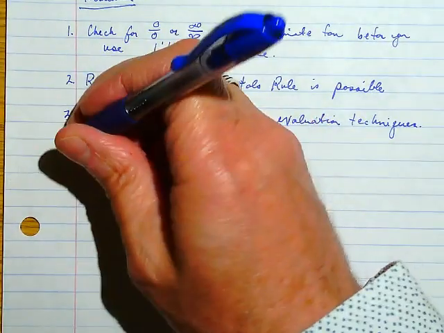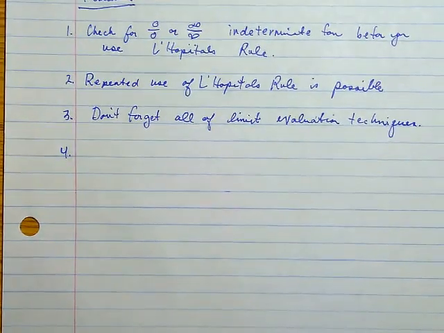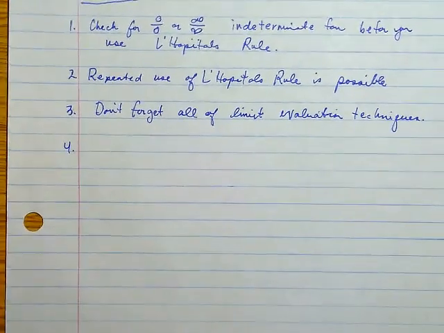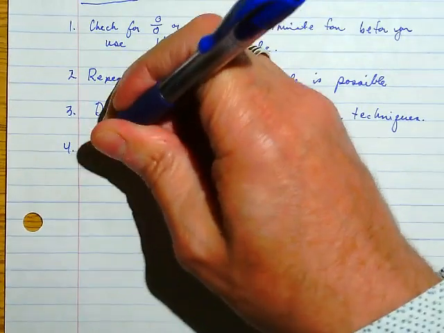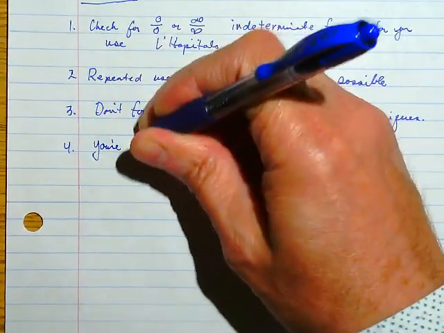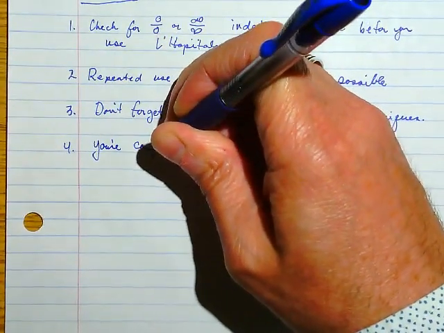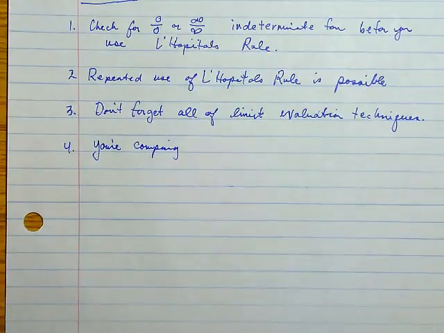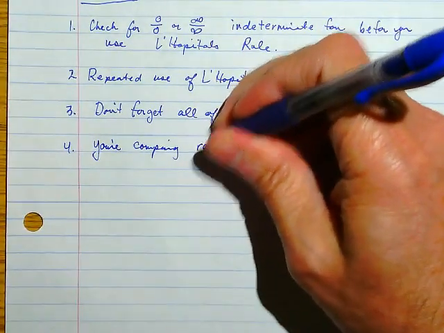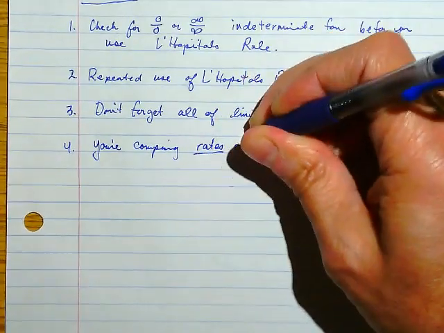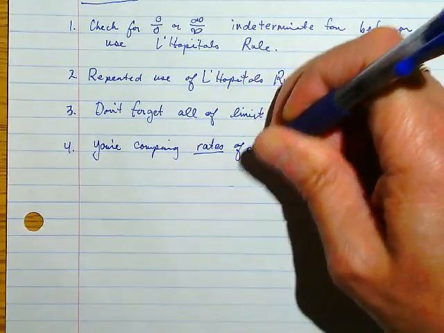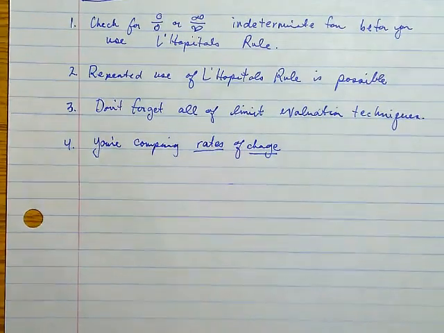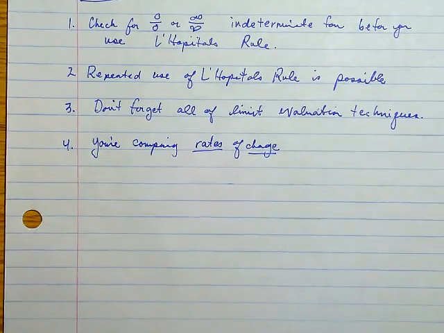And finally, remember what you're doing. If you're ever asked a question, why does L'Hôpital's rule work? Well, you're comparing to find a ratio of two functions, their limit. You're comparing the rates of change. I'm hoping by now that rates of change makes you remind yourself of taking derivatives.